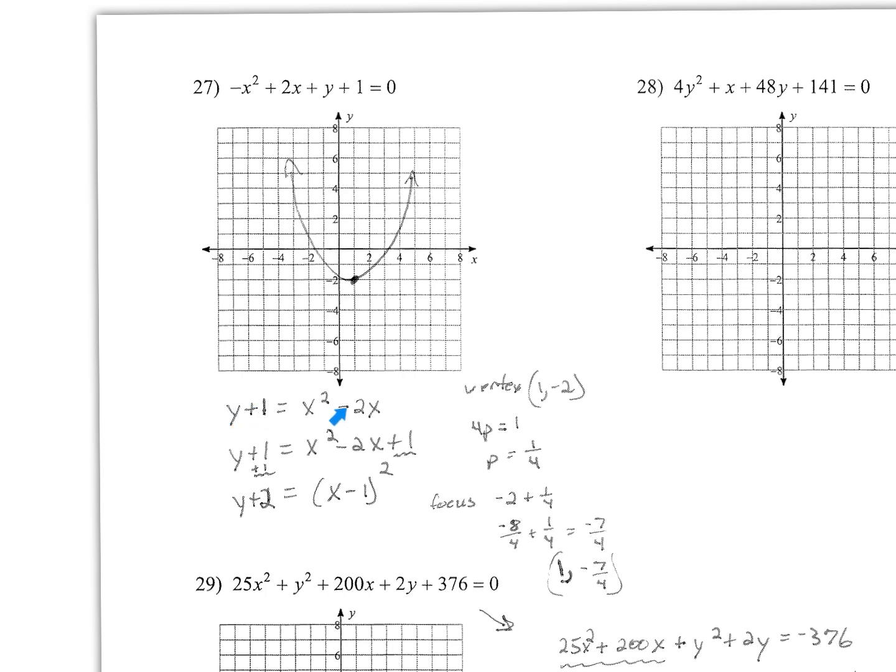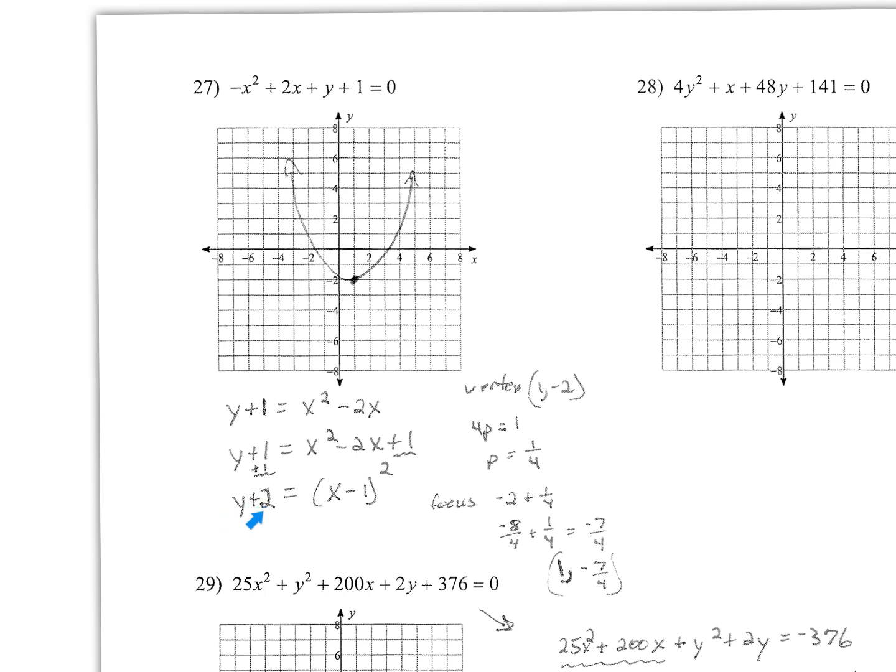So now you can see that this is going to be our parabola that's vertical, because the x is what's being squared and the y is not. We just need to finish out this equation. So on the right here where I have x squared minus 2x, we need to complete the square. Half of 2 is 1 and 1 squared is 1. So now it's written x squared minus 2x plus 1. Be sure you add 1 to the other side as well. 1 plus 1 is 2.